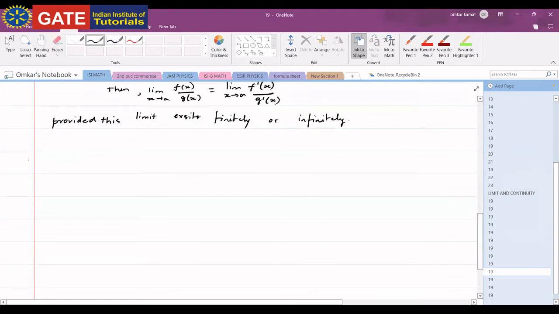Yes, sir. So try this problem. Limit as x tends to 0, (1 plus x) to the power n minus 1, divided by x.